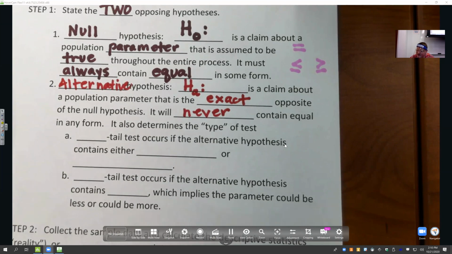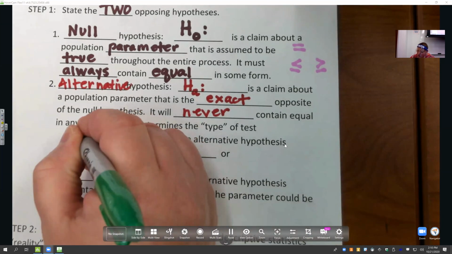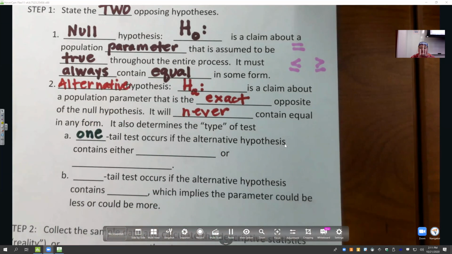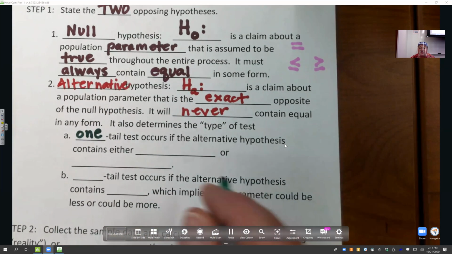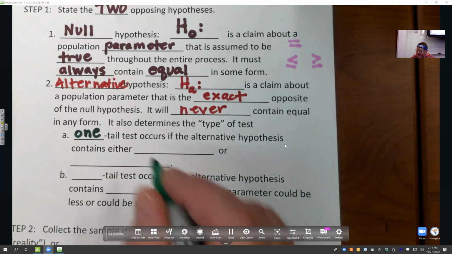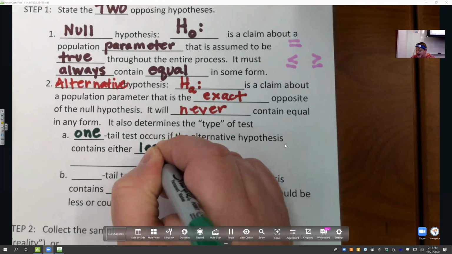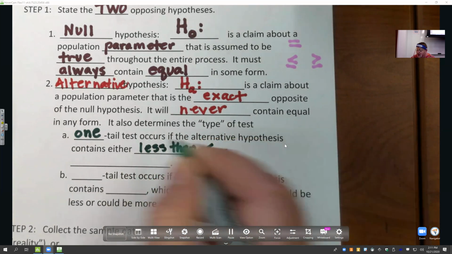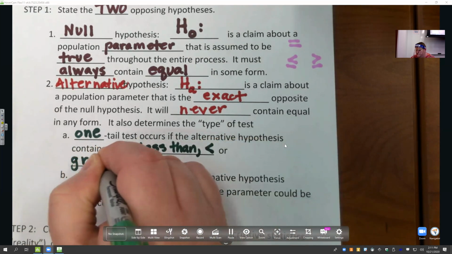You can have what's called a one-tail test if the alternative hypothesis contains either less than or greater than.